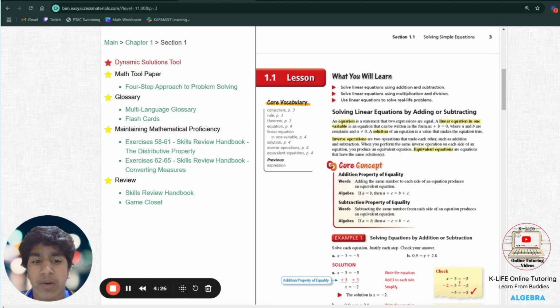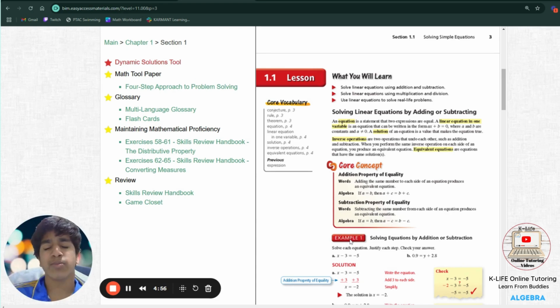If you plug into the equation, 10 plus 6, or A plus C, equals 10 plus 6, or B plus C, which is 16 equals 16. So that's your addition property of equality. You're adding the same number to each side to produce an equivalent equation, where the two sides are equal to each other.